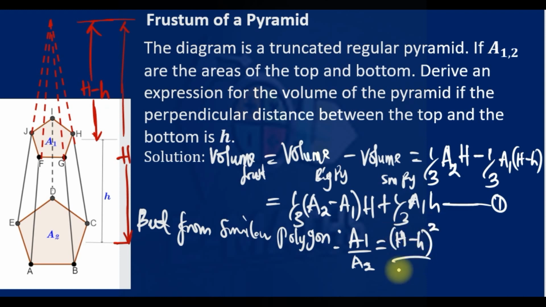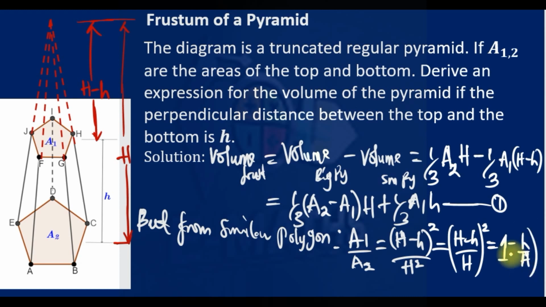That's a theorem in similar triangles. So the ratio of area is the same as the ratio of the square of the corresponding sides. In this case, we are using height as the corresponding side. So A1 over A2 can be written as (H minus h over H) all squared, which is 1 minus h over H, all squared.